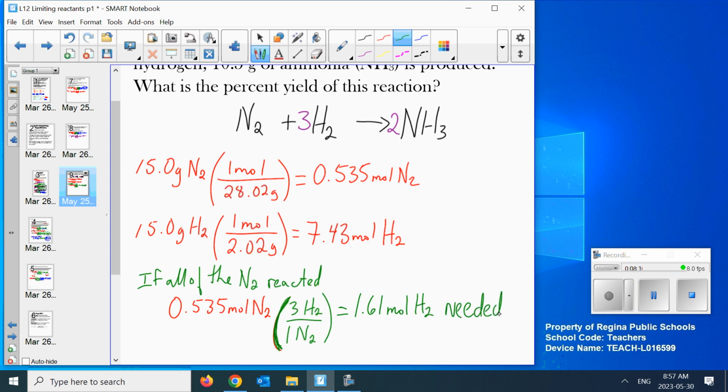We have that. We have more than 7. So the nitrogen is limiting. We're going to use the limiting reactant, limiting reagent, either word, to do our calculation of the theoretical yield.